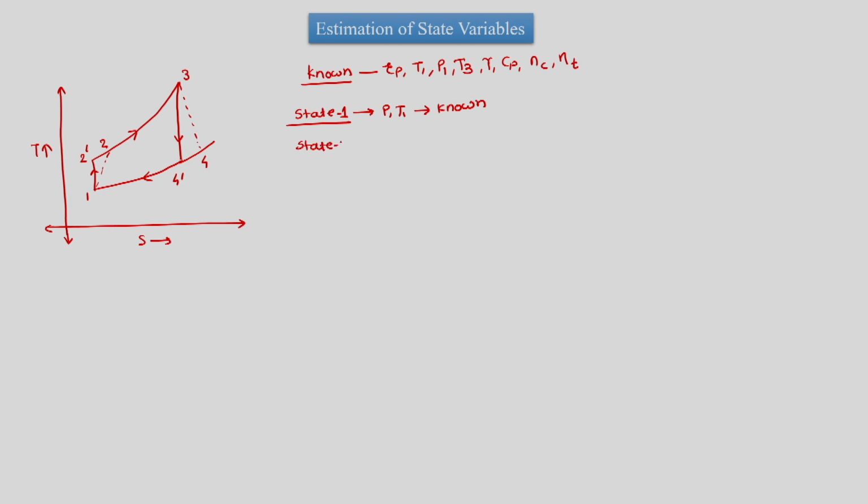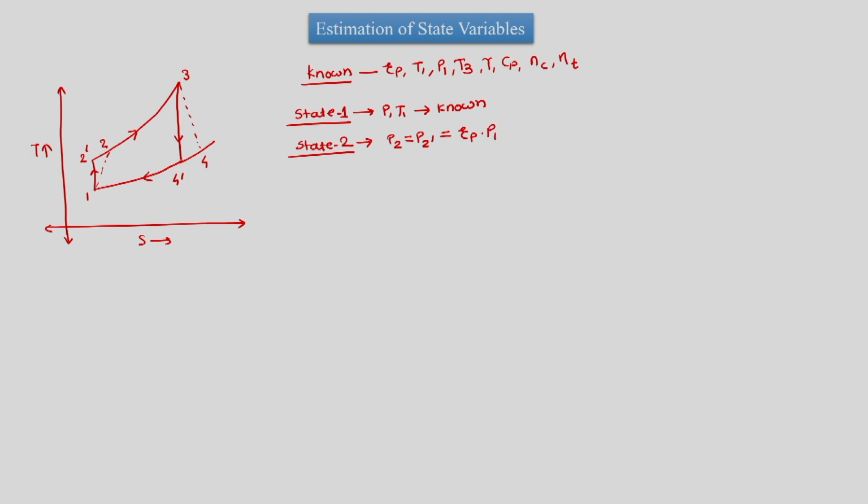So at state 2, since we are considering the real case, we are not considering 2 dash, so it's a point 2. So we have to find out properties at 2, but we know P2 is equal to P2 dash, and P2 dash is equal to Rp into P1.